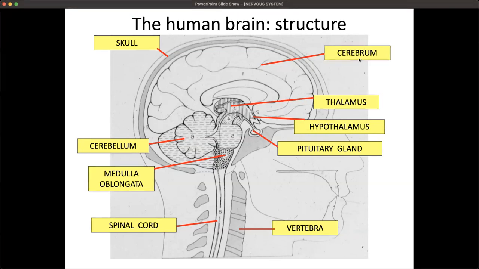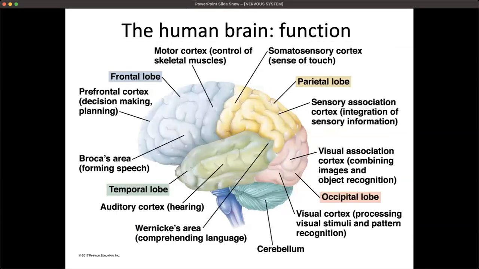We have the cerebrum, which is the largest region of your brain, controlling your emotion, memory, feelings, everything. You have the thalamus and the hypothalamus, which we normally associate with homeostasis, and we have the pituitary gland, the anterior and the posterior. The frontal lobe is involved in decision making and planning.